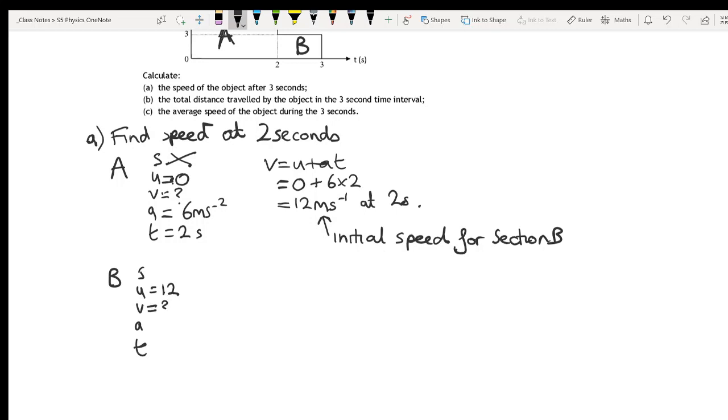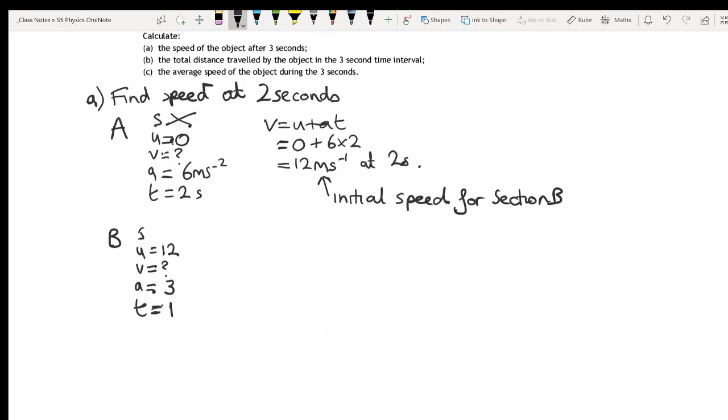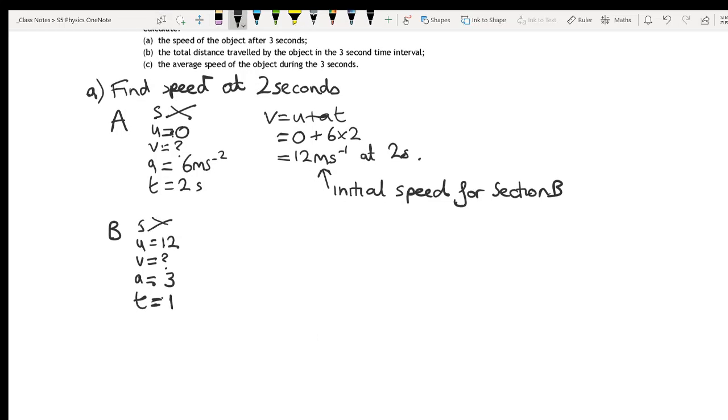Final speed is what we want to find. The acceleration is now 3 meters per second squared, and it goes on for 1 second. Again, we don't know anything about S. So again, V equals U plus AT. So V equals 12 plus 3 times 1. So 15 meters per second at 3 seconds.